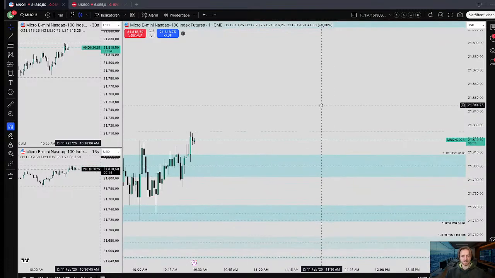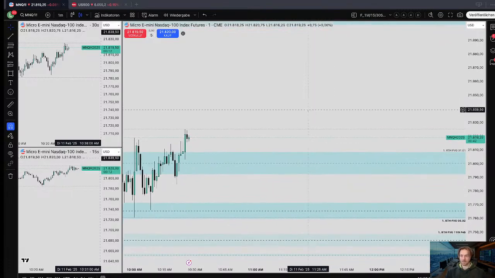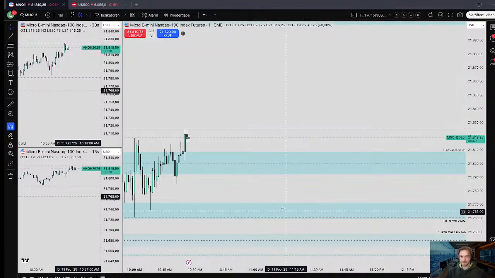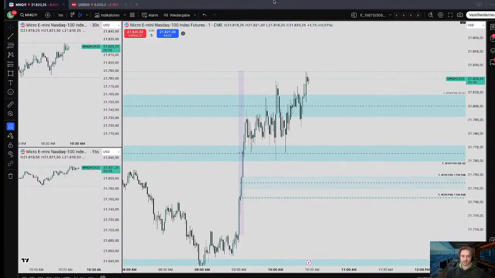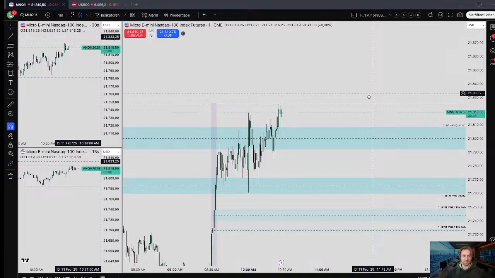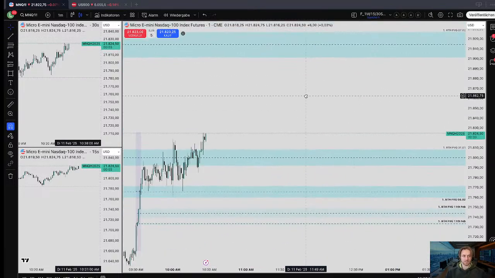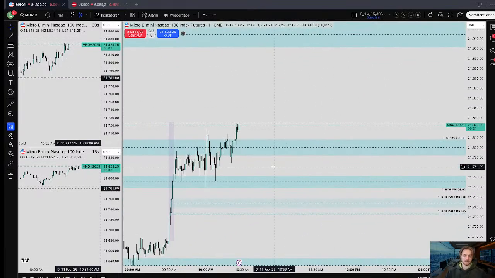And then at 11, the typical retracement against the direction of the morning session, right? So which would mean maybe, oh man, that's pretty high. That's pretty high. I don't see that happen.